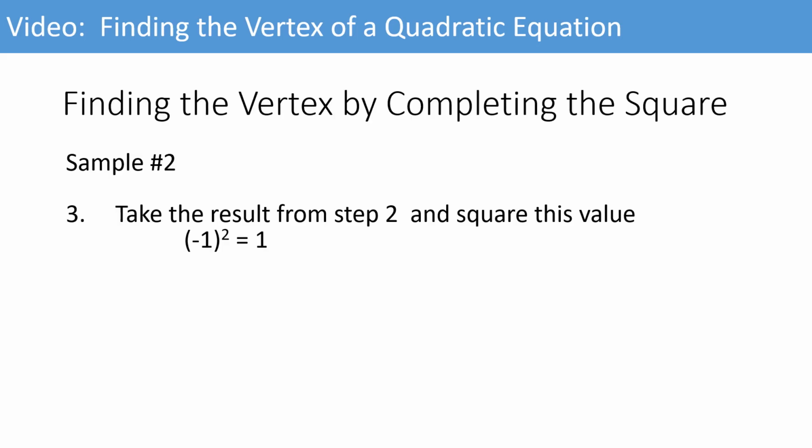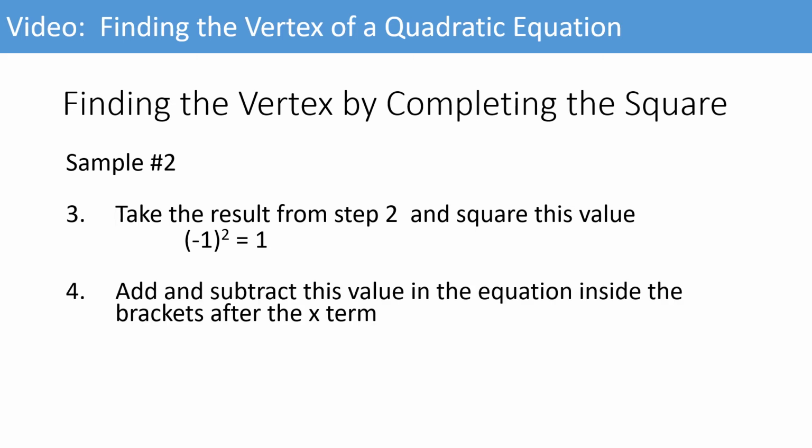Now we will take the negative 1 and square it. Negative 1 squared is 1. Add and subtract this value inside the bracket after the x term. So we will now get 2 times (x squared minus 2x plus 1 minus 1) plus 5.